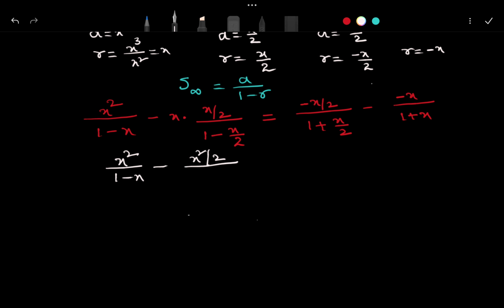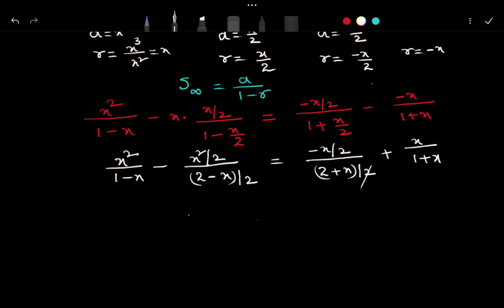Here this value you can write as x square divided by 1 minus x, minus x square by 2 minus x, taking the LCM, is equal to minus x by 2 divided by 2 plus x divided by 2, minus into minus plus x by 1 minus 1 plus x. Here 2 will be cancelled and here also 2 will be cancelled.